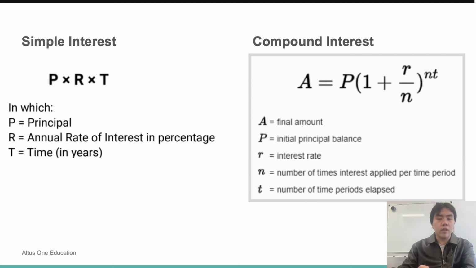So if it's a weekly rate, you multiply that by 52. If it's a monthly rate, you multiply that by 12. And then T, the time in years. Compound interest works so that the interest rate calculated is based on the previous value. So your initial value, after 1 year, the interest is calculated on the initial value.